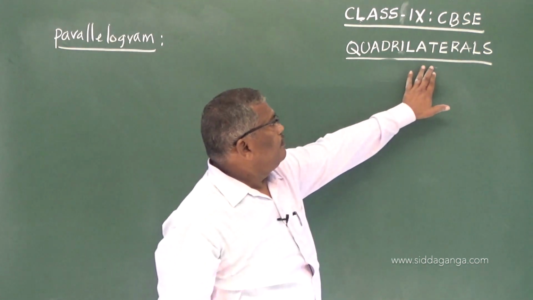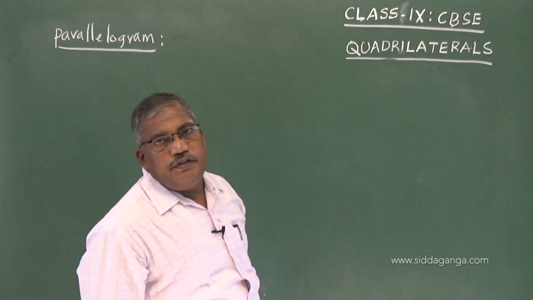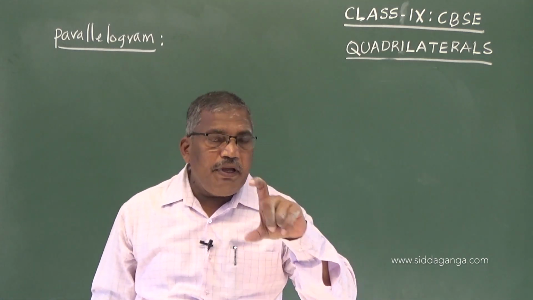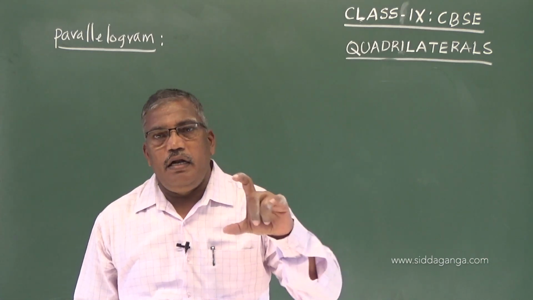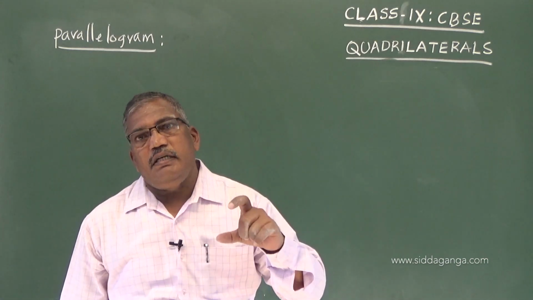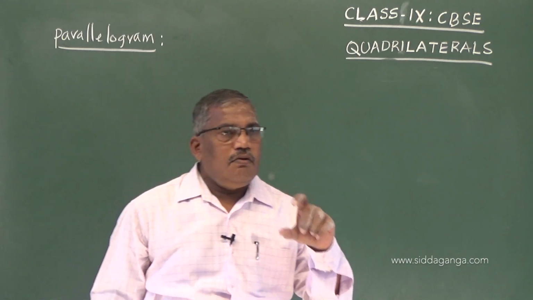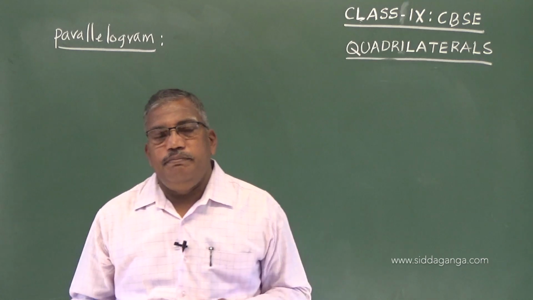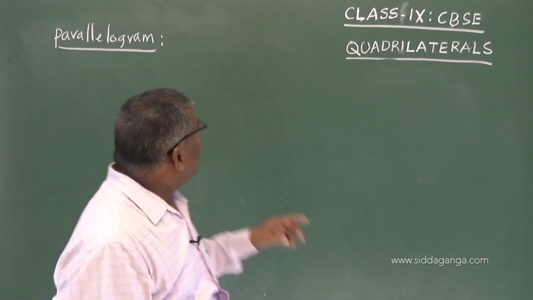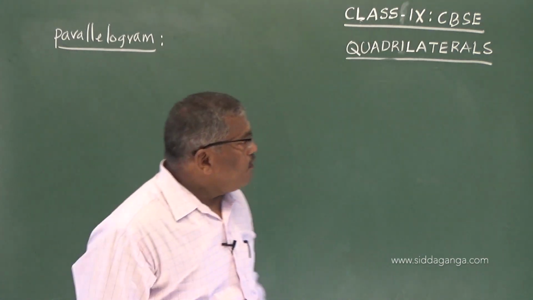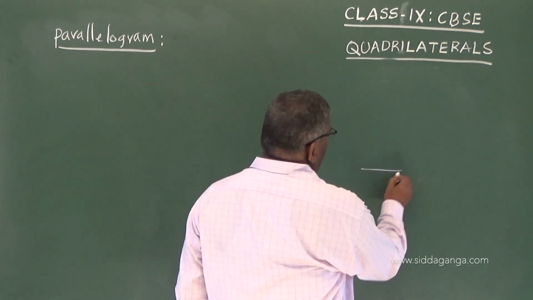See, we have studied trapezium. The trapezium definition says one pair of opposite sides are parallel. That is the basic condition required to call any quadrilateral a trapezium.